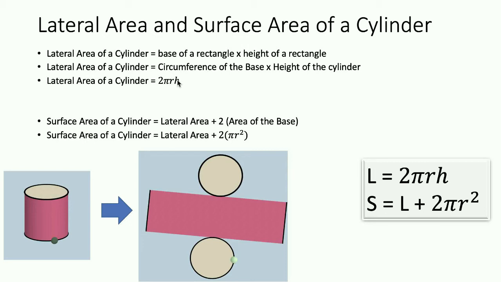And then for the total surface area, you're going to take that lateral area plus 2 times the area of the base. Well, in this case, the base is a circle, so 2 times pi r squared. Again, here it is in words, and then here it is in those variables.